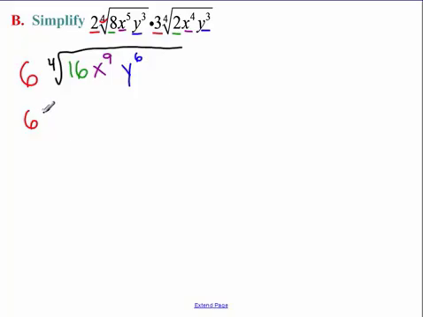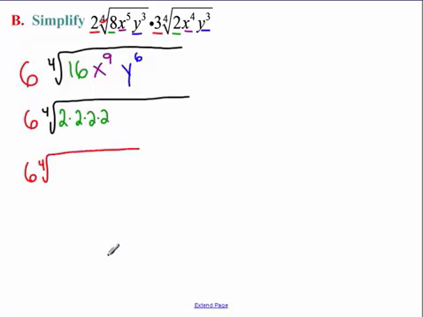Or sometimes I like to break it down into powers of 4. 16 can be broken down into 2 times 2 times 2 times 2, or we can look at that as 2 to the 4th power, because the 4 and the 4 are going to need to cancel.